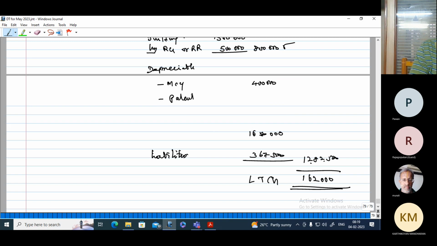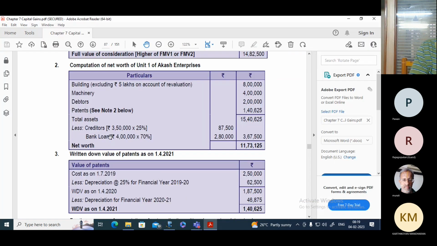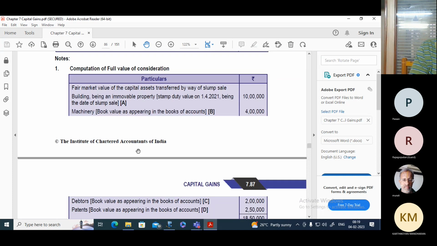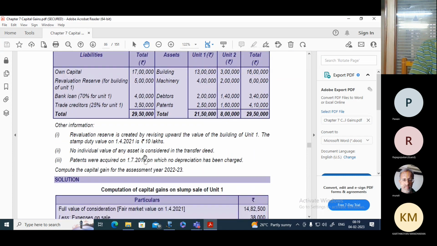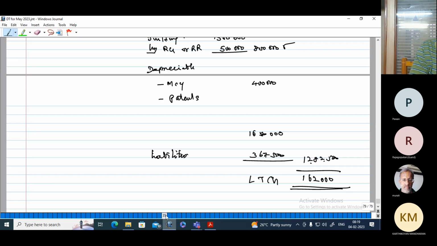Patents, they have given you the date, on 1/7/2019. So when you bought the patents on 1/7/19, for the previous years 2019-20 and 2020-21 you would have depreciated.